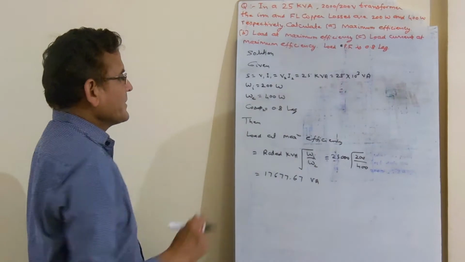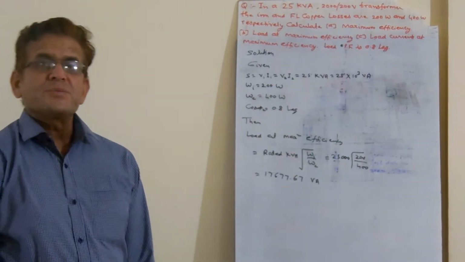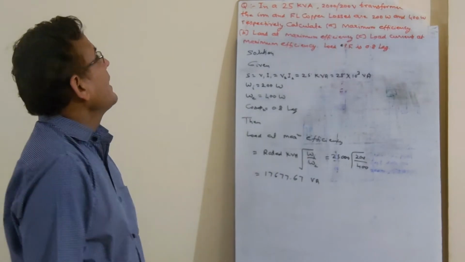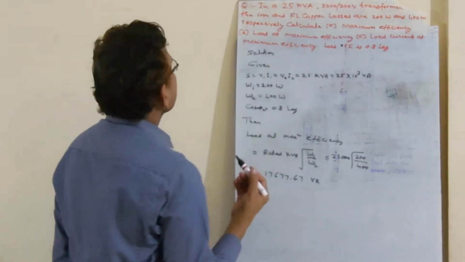For this value of load, efficiency of the transformer will be maximum. So the answer of this B part is this.